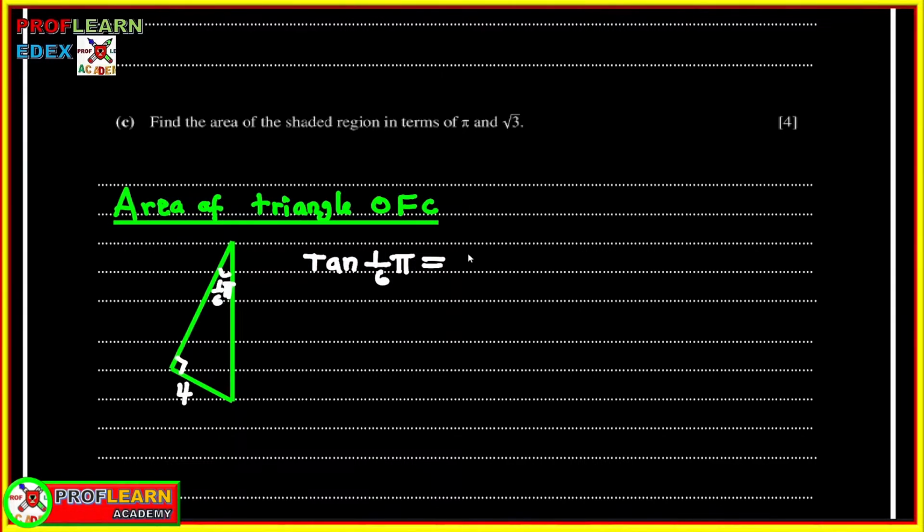I can use the angle and the opposite side, which is 4, in order to find the height of this triangle, which I can call x. So our x is going to be 4 over tan of 1 over 6 pi. If you work this out, you are going to get your answer as 4 root 3, because we are supposed to give the area of the shaded part in terms of pi and root 3.